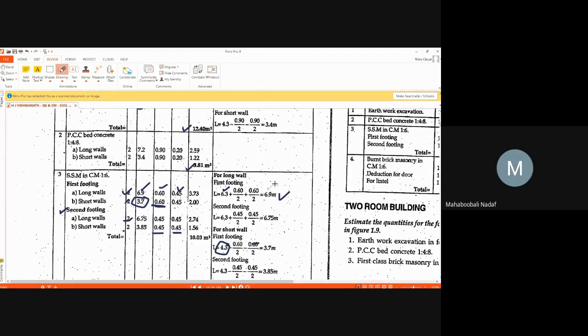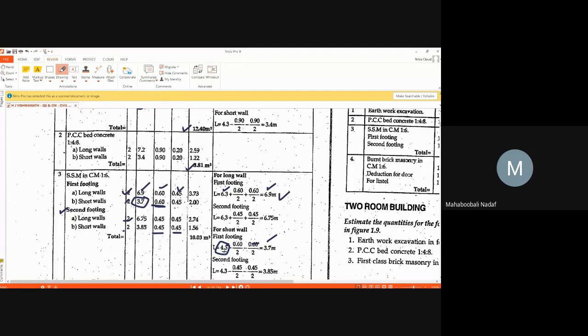Here, as you added plus b by 2 plus b by 2, the same dimensions you need to deduct in the short wall. So the center to center of the short wall is 4.3 minus b by 2 minus b by 2, where b by 2 is the width of that item. So width is 0.6 by 2 minus 0.6 by 2.